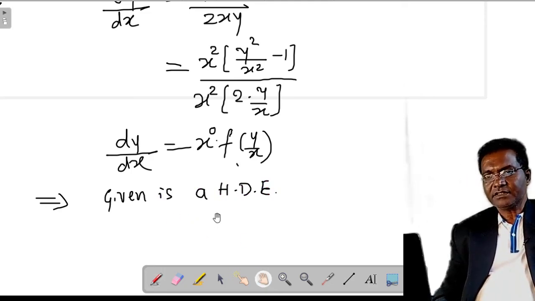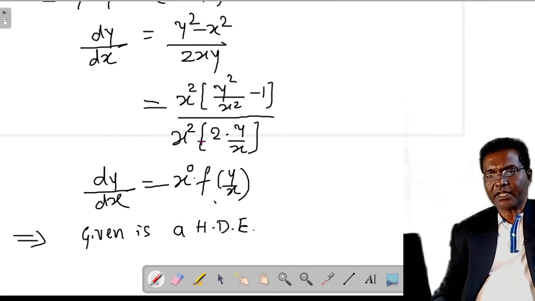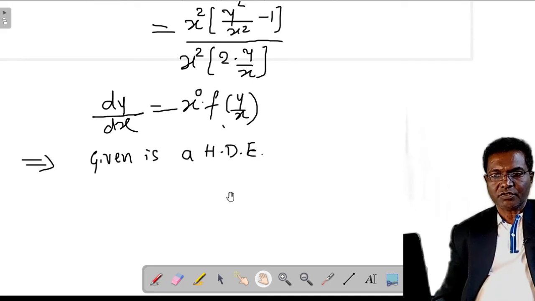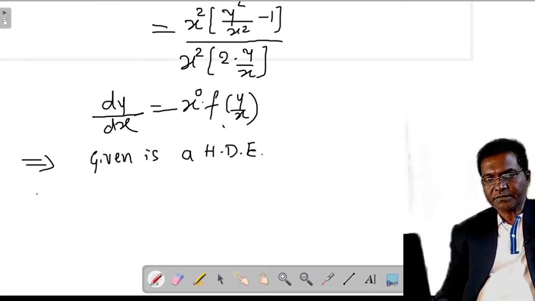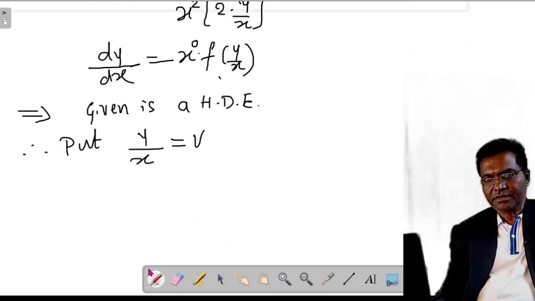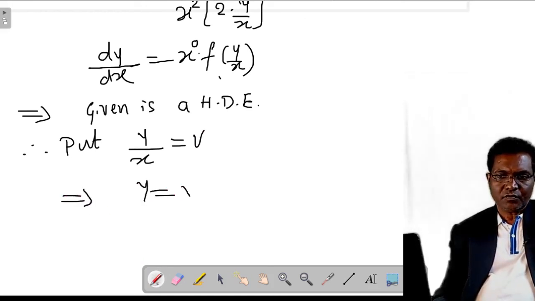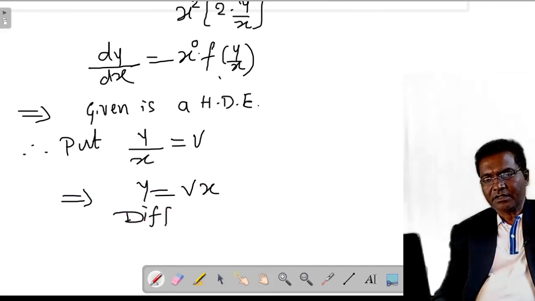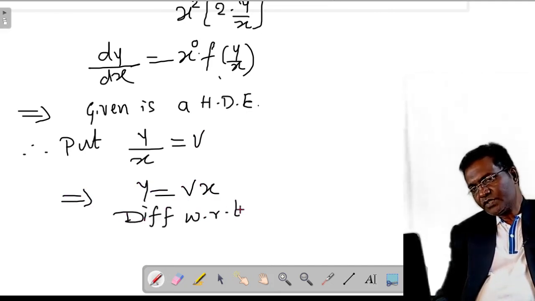As earlier, you have to substitute, and I can call it as 1. So put y by x is equals to v, which implies y equal to vx, differentiate with respect to x.